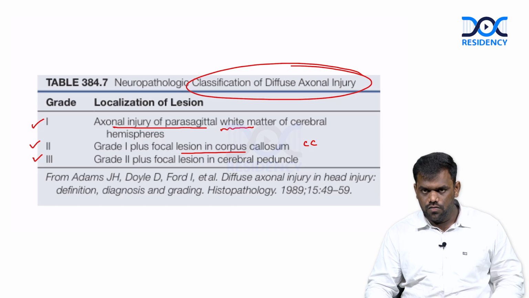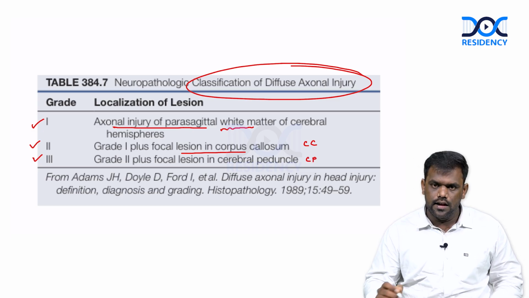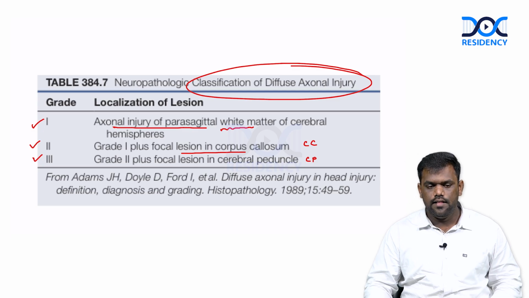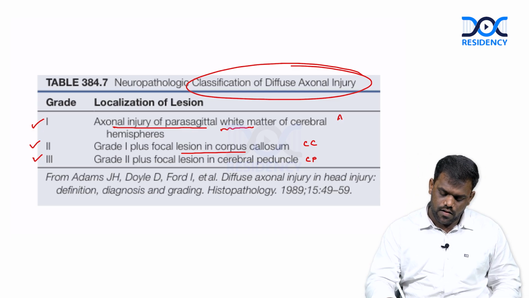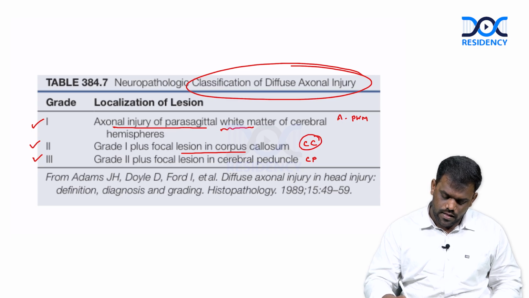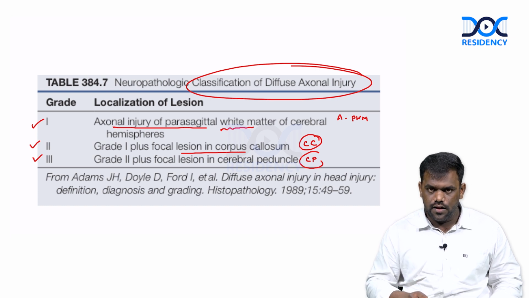Grade 2 with a lesion in the cerebral peduncle. These are the 3 grades of diffuse axonal injury.